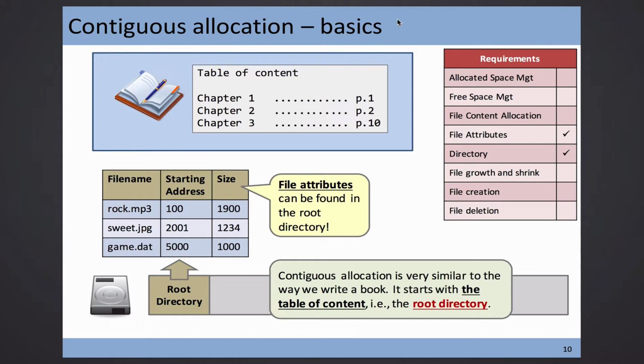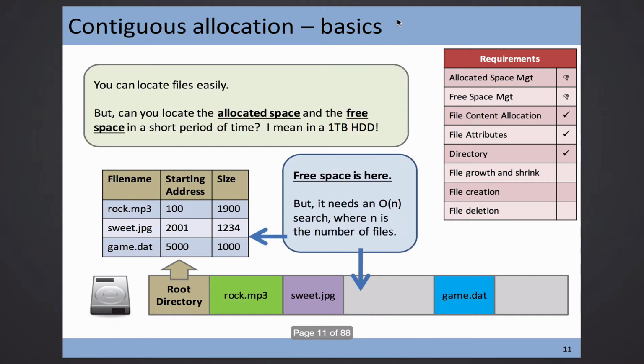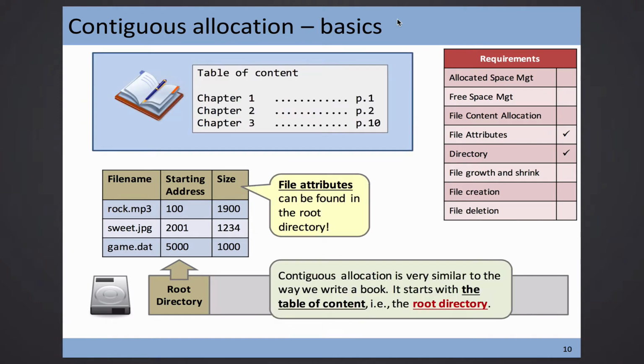How can you allocate the next file? We don't know. That's why we have the table of contents, and in a file system we don't call it that. We call it the root directory. The table of contents is actually the root directory.